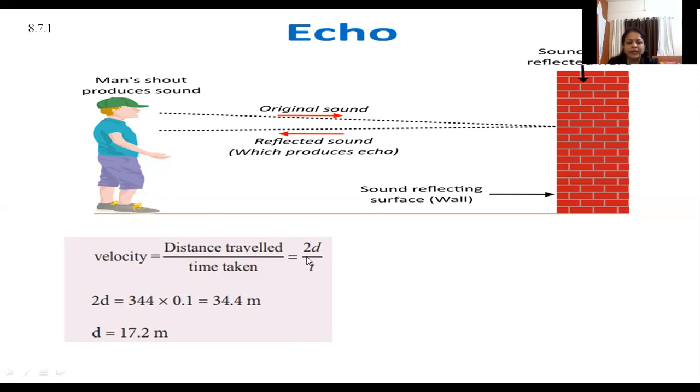And if we need a minimum of 0.1 second to get the echo, then 2d must be 344 × 0.1, because at normal temperature 22 degree centigrade, the speed of sound is 344.